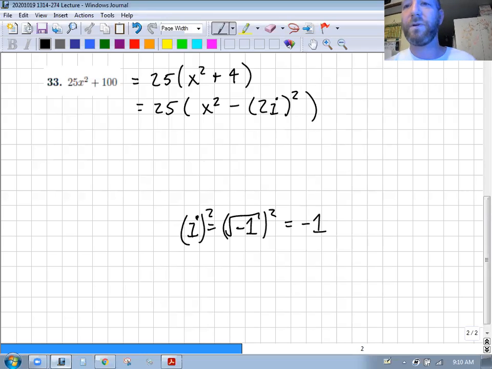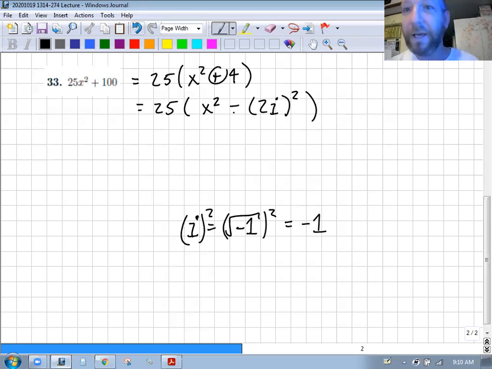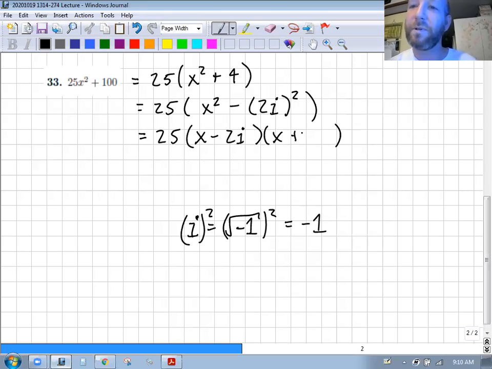All right, the 2 squared gives us a 4, and the i squared gives us a minus, and the minus and another minus give us a positive. So even though it explicitly says plus here, we can rewrite it with the negative as a difference of 2 squares. So we could factor this as an x minus 2i and x plus 2i.